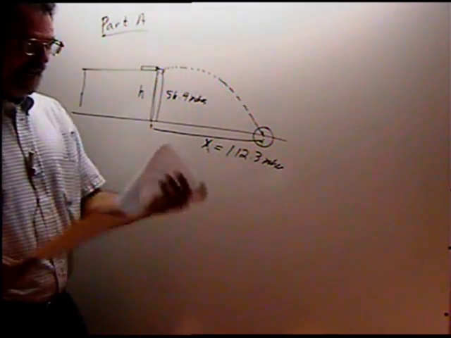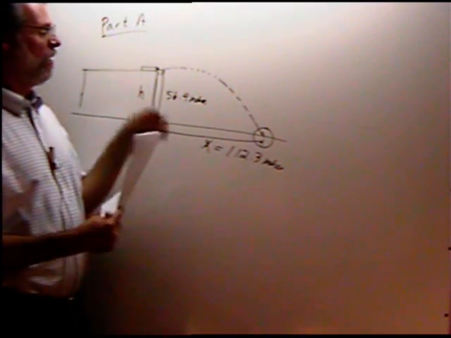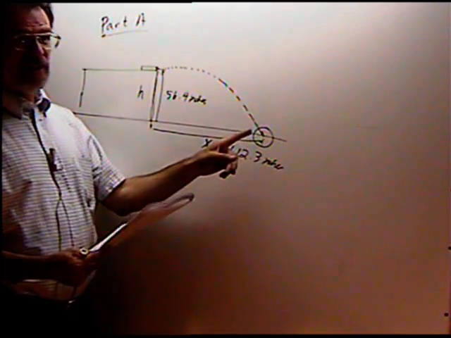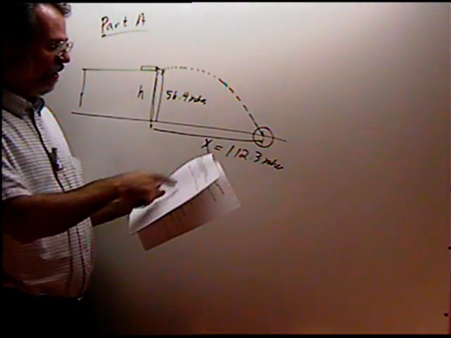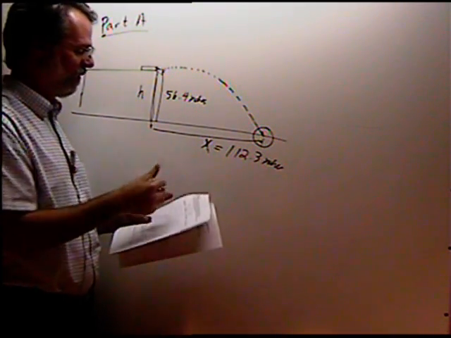If you look on the lab, we're going to do 10 repetitions. So we shoot this 10 times, we spot where it lands 10 times, and then we take the average of all of those measurements.